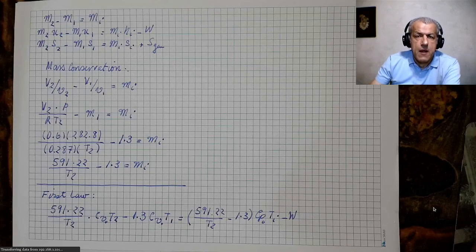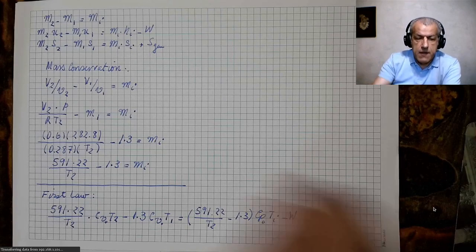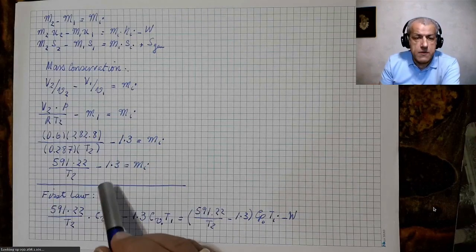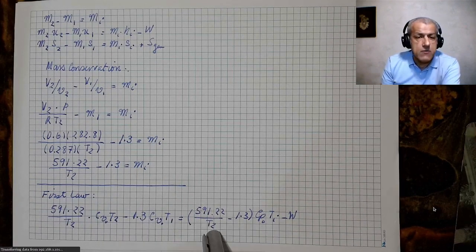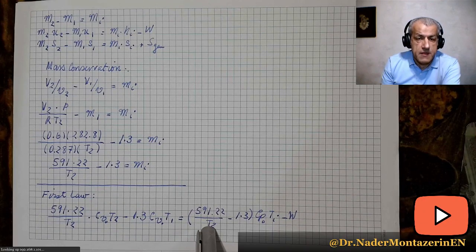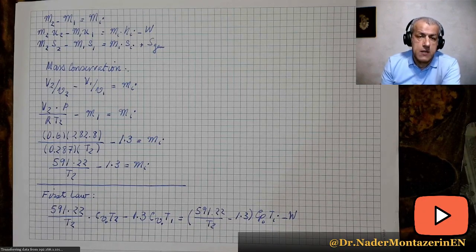Greetings. In our previous video, we managed to find this equation for the mass conservation law and also this equation for the first law of thermodynamics, and we came to the point to calculate work.